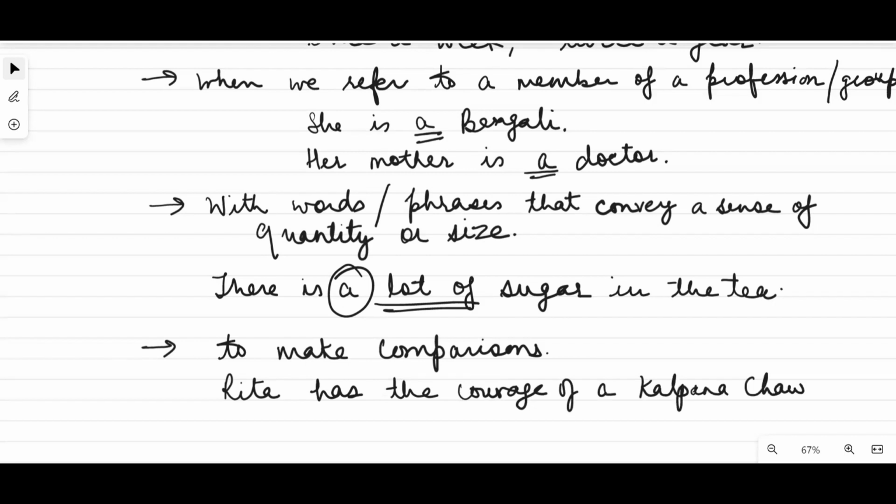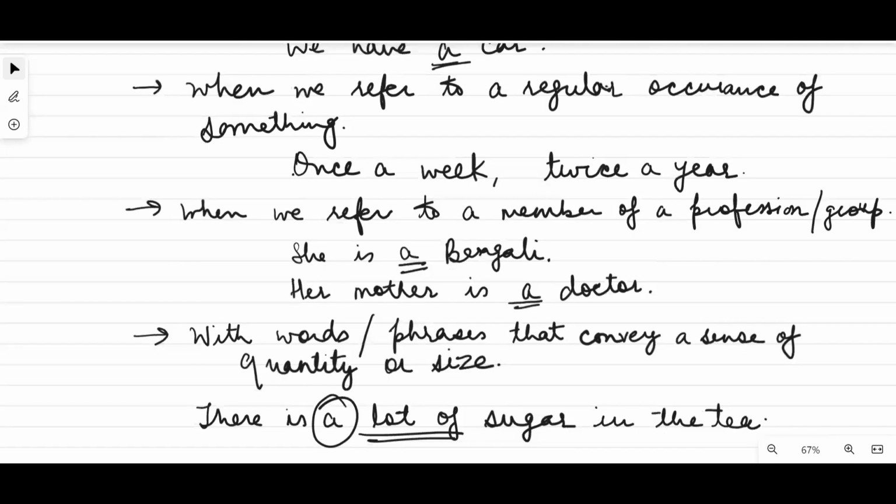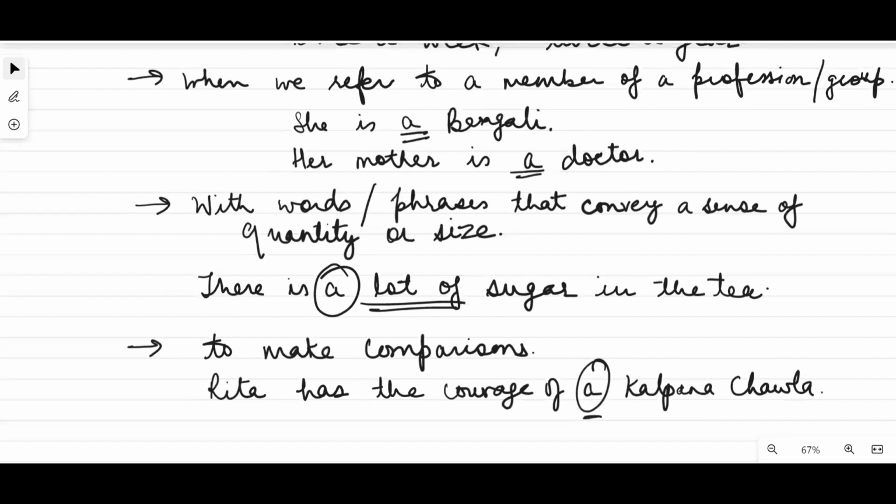So in a way, we are comparing Rita with Kalpana Chawla. That is why we have used this article here. Is it clear? So I hope you are familiar with the uses of a and an.